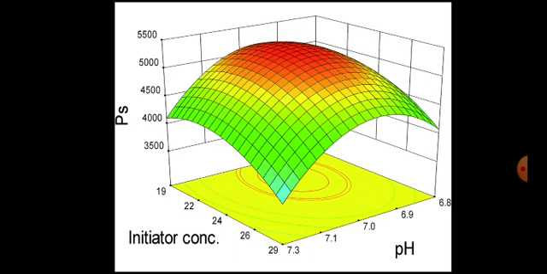Another variable which is put on another axis is pH, which is tested from 7.3 to 6.8, and the responses, that is PS, are plotted into the three-dimensional space. So all these responses, when they are joined together, lead to the generation of these contour lines, and these lines are nothing but the response surface.